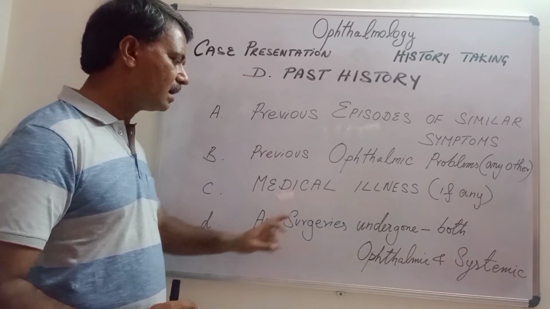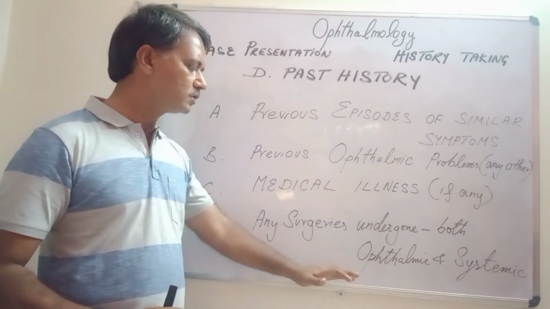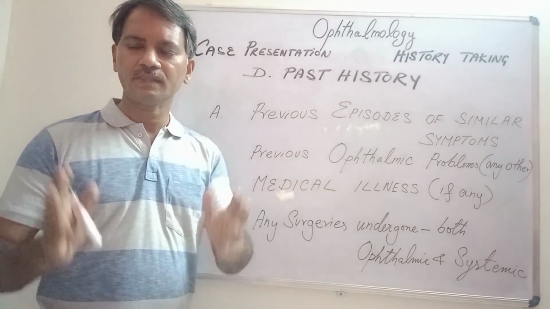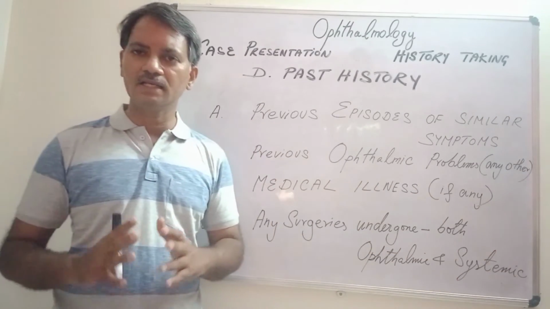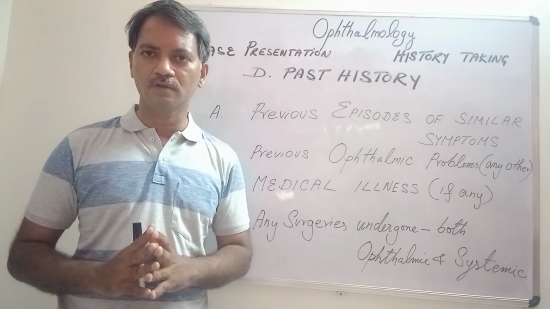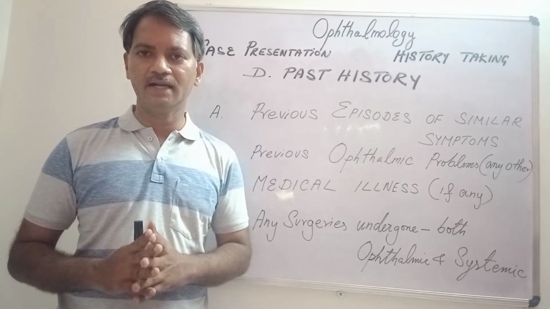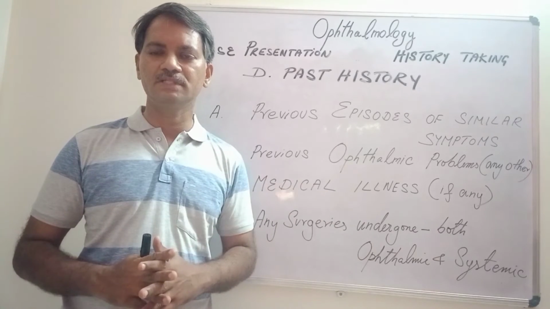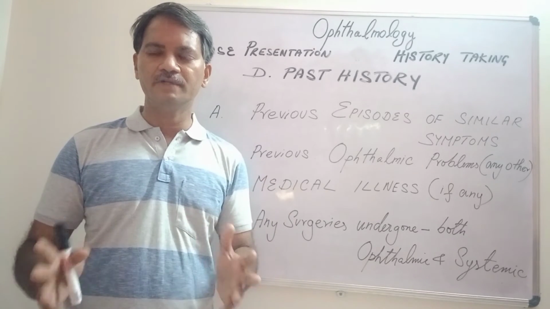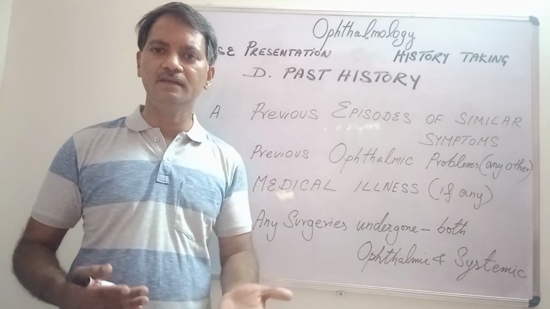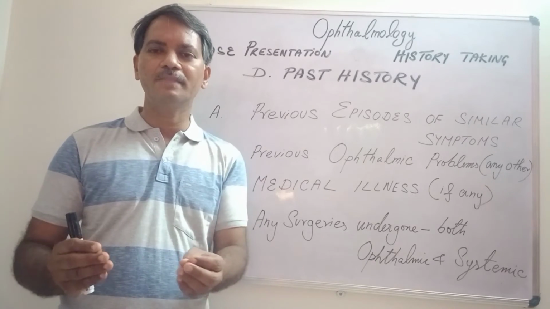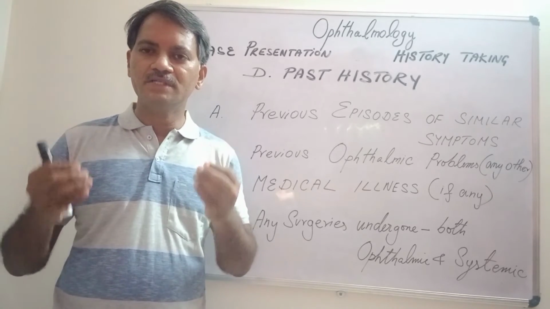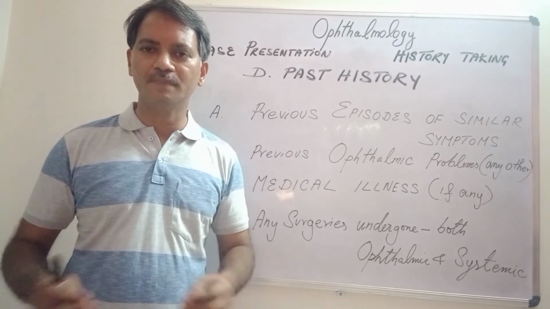Any surgeries undergone by the patient, both for ophthalmic or systemic illnesses? A patient might have undergone a surgery in his eye before. Suppose a patient had advanced diabetic retinopathy, which is a proliferative condition, for which the patient has undergone vitrectomy and he has got back some vision. Now the patient says, my vision has reduced much.